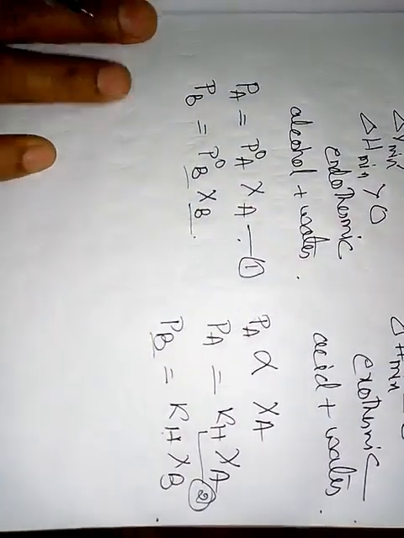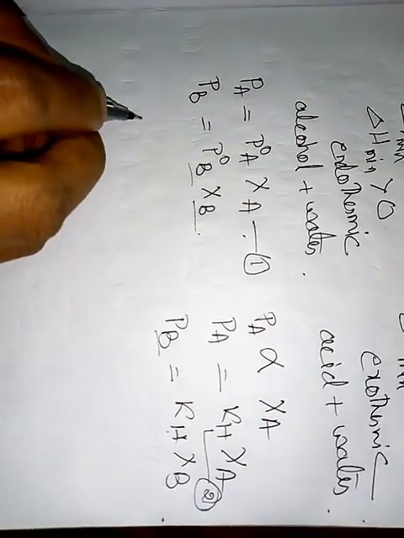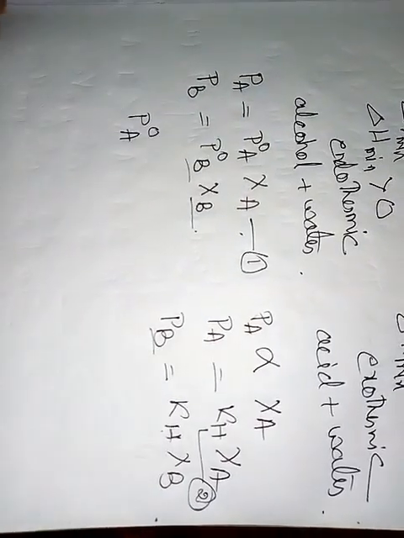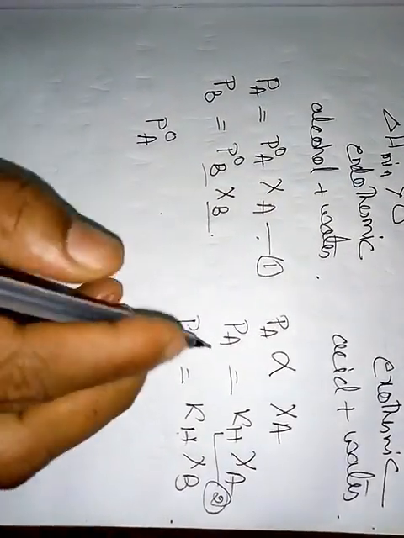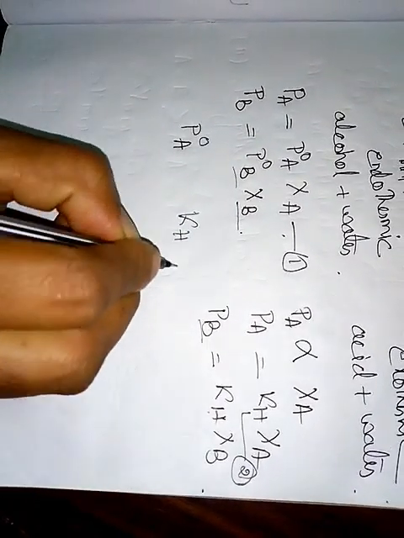So when we compare equation 1 and equation 2, the constant is P naught A in equation 1, and for Henry's law we have the constant Kh.